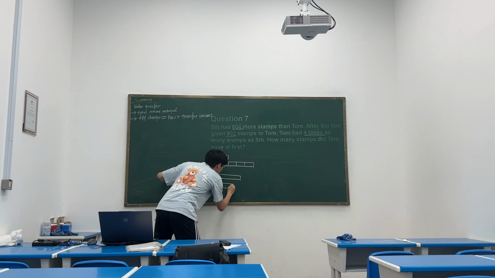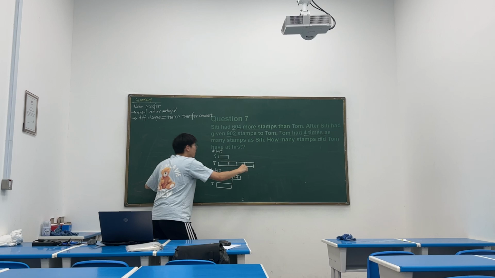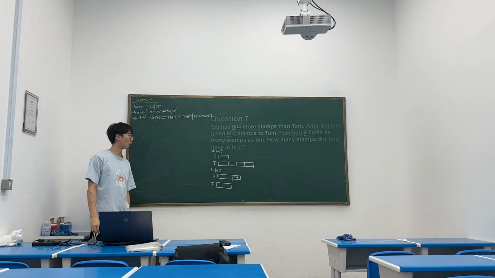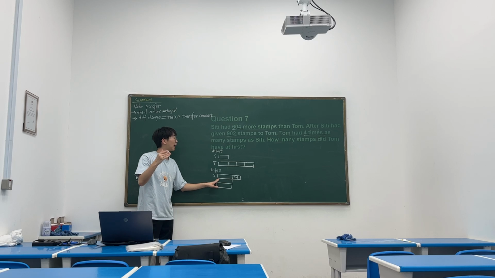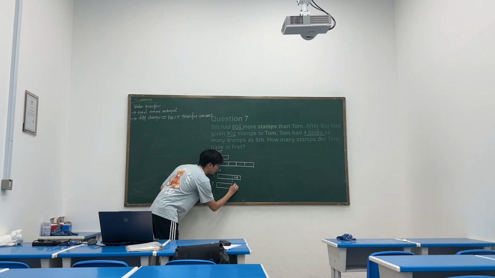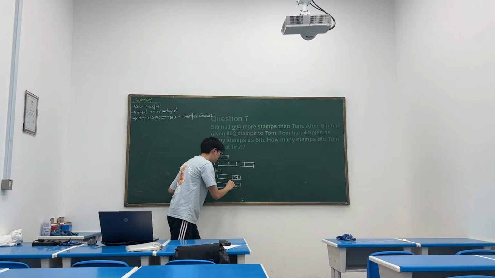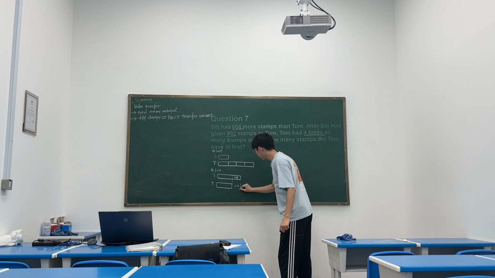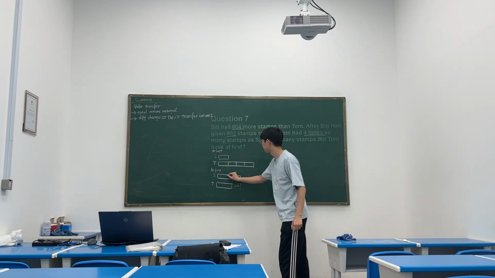How many more? 604 stamps more than Tom. Now what happened? Cindy gave away 902 to Tom, right? So not only will this 604 be given to Tom, but she will again give how much to Tom? What is this value?